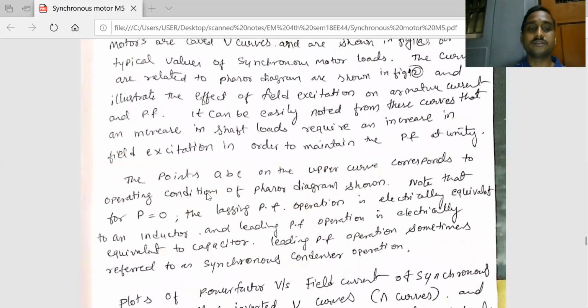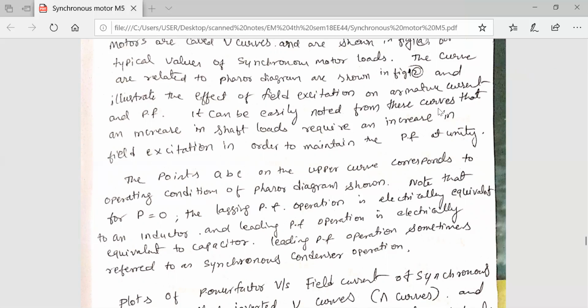Another point is that the points A, B, C on the upper curve correspond to the operating condition of the phasor diagram. Note that for P equal to 0, suppose the power is 0, the lagging power factor, it will be operating in the lagging power factor operation, electrically equivalent to an inductor. So if the synchronous motor is running under lagging power factor, at P becoming 0, it acts as an inductor.